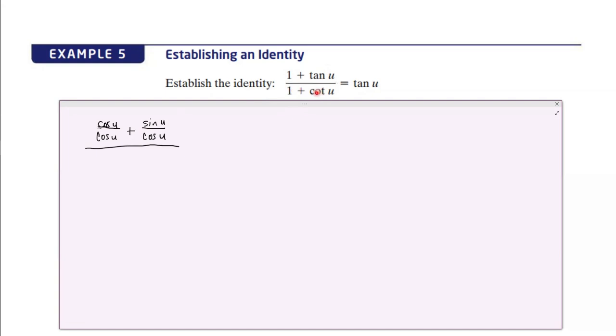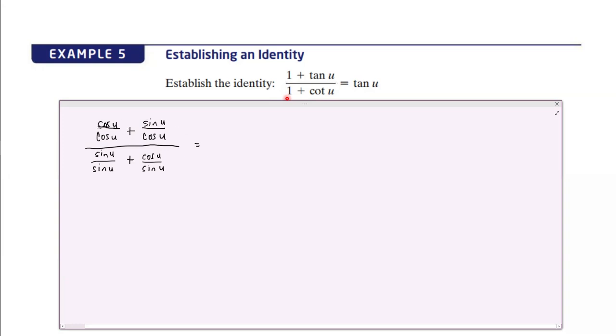So I'm going to do that same thing down here. And I know that the cotangent of u is going to be the cosine u over the sine u. Okay, so I'll need to think of this one to get a common denominator as the sine u over itself.